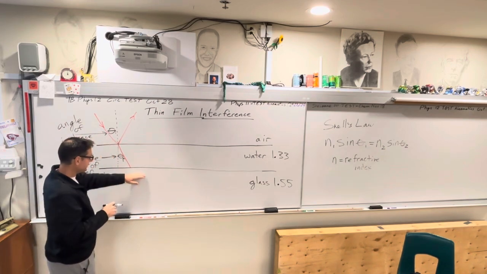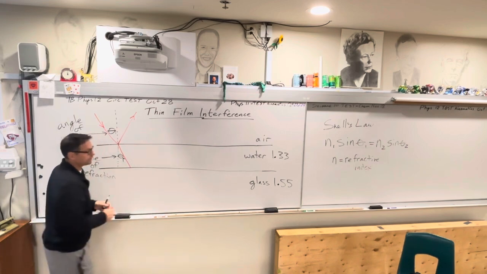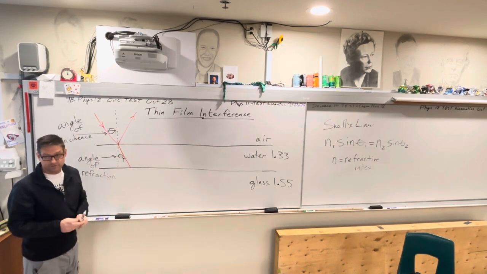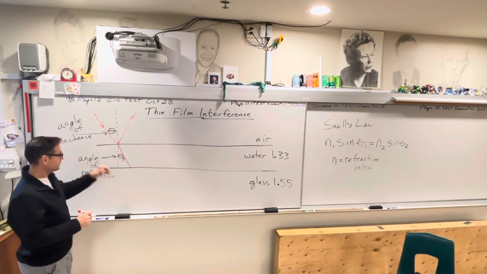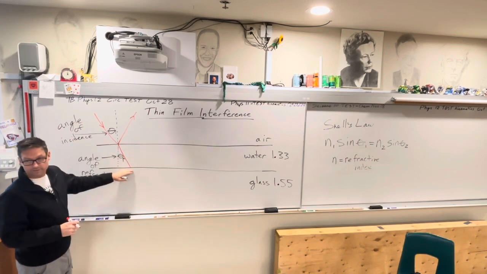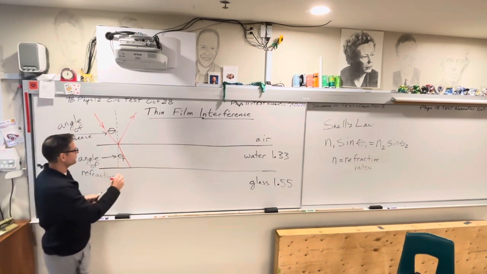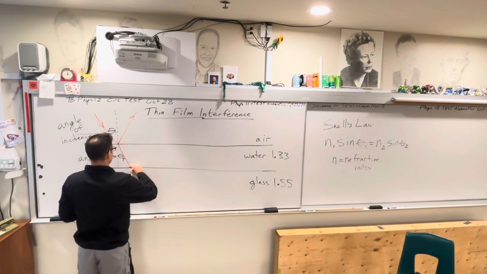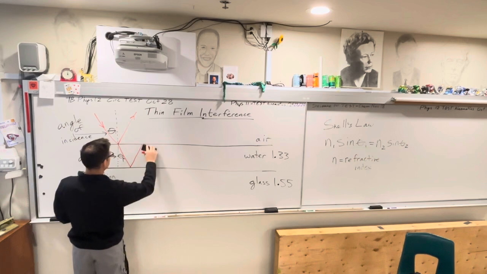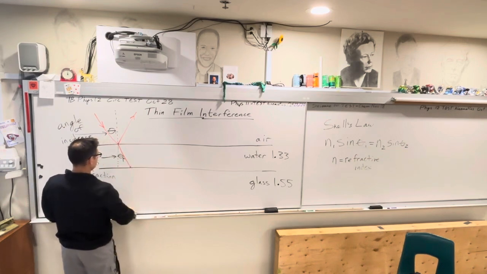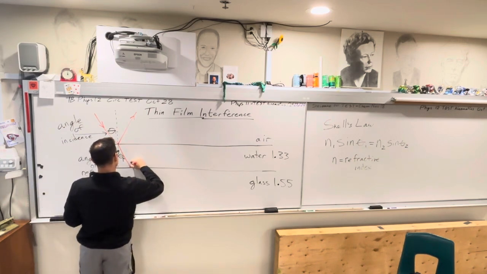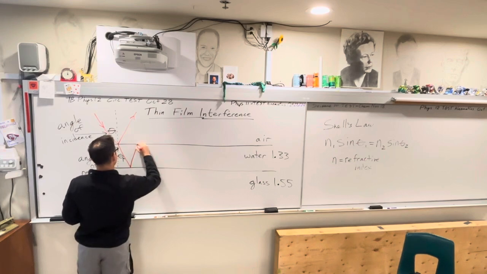Now, you're going to hit the glass and you're going to reflect, right? Well, some of it will reflect. Some of it's going to refract into the glass, but some of it's going to reflect out like this. Oh, I should have drawn that a little bit steeper, sorry. Because this is refracted, so it's that.